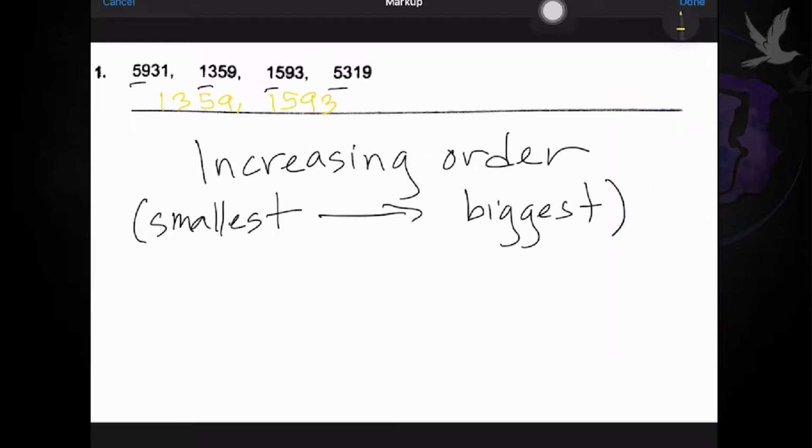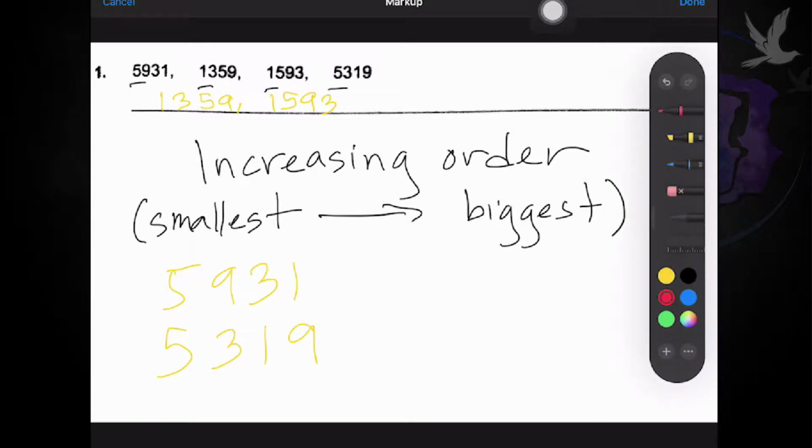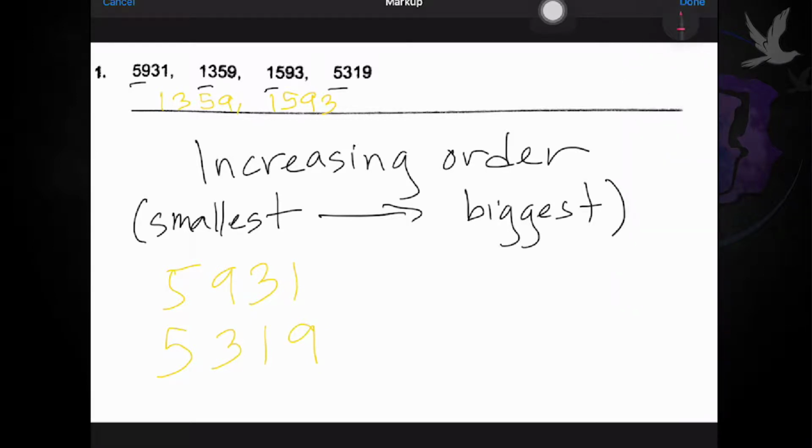Okay, now what's left is our 5931 and 5319. Then again, you have to compare their digits, and since we are arranging this in increasing order, we have to identify the smaller number. That's what we write first.